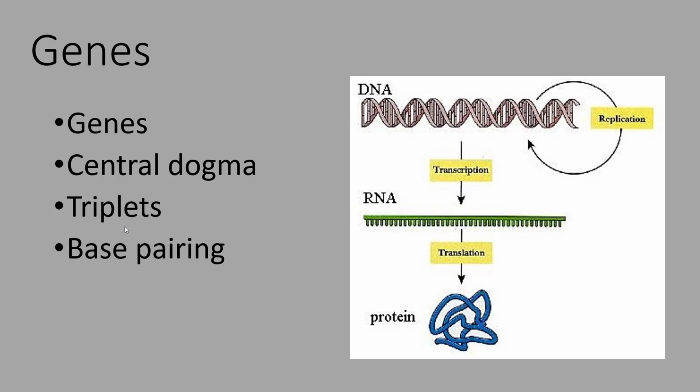If we have an A on one side of DNA, we have a T on the other side of DNA. If we have a C on one side of DNA, we have a G on the other side of DNA. That carries over for RNA also, with just one little difference. If we have a G on the DNA side, what are we going to stick to it to make RNA? If we have a G on the DNA side, we stick a C of RNA in place. If we have a T on the DNA side, we stick an A in the RNA space.